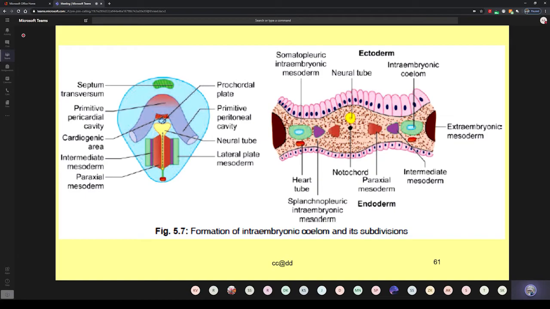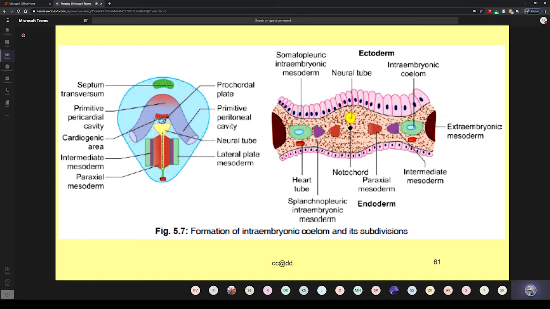So here, when you are getting a cavity within a cell mass, and when the cavity enlarges, the cell mass gets divided into two layers. The layer which is inwards towards a viscera becomes known as a visceral layer, or in other words, it becomes known as a splanchnopleuric layer.